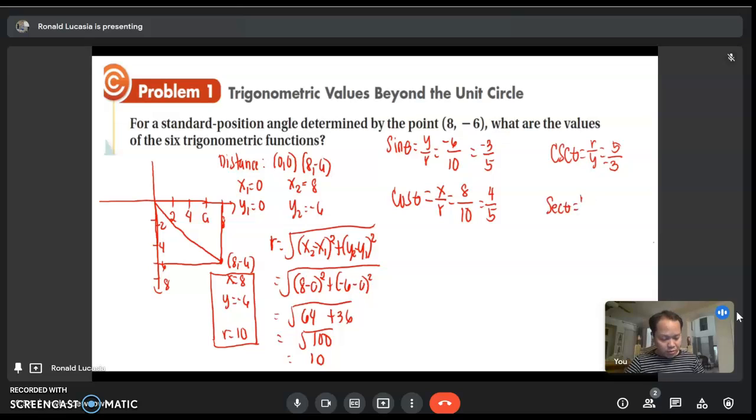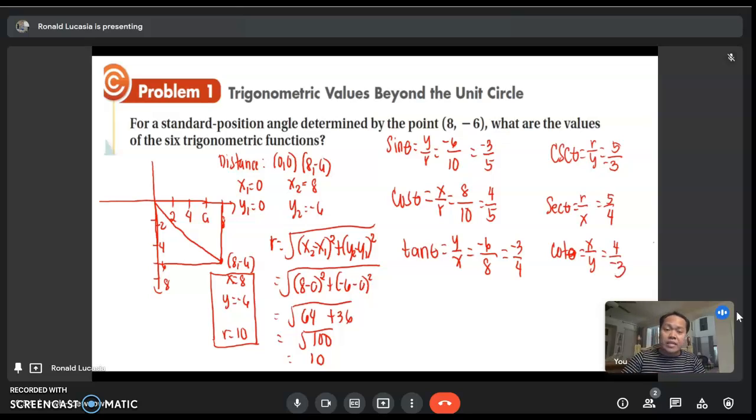So that's r over x, or 5 over 4. And the tangent theta is y over x. Your y is negative 6. Your x is 8. Expressed in lowest terms, that's negative 3 over 4. And then since cotangent theta is the inverse of tangent theta, so x over y, that's 4 over negative 3.